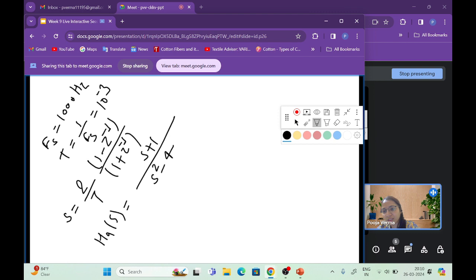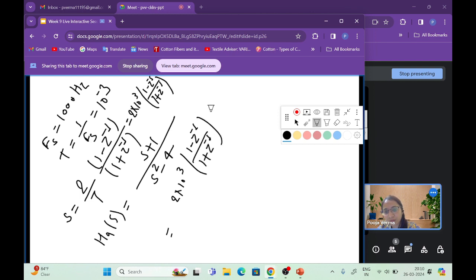Okay, so now here T is given as 10 to the power minus 3, so it will be 2 into 10 to the power 3, times (1 minus z inverse) divided by (1 plus z inverse). Okay, so we can put 2 into 10 to the power 3 (1 minus z inverse) divided by (1 plus z inverse), plus 1, divided by, 2 into 2, so it will be 4 into 10 to the power 6.